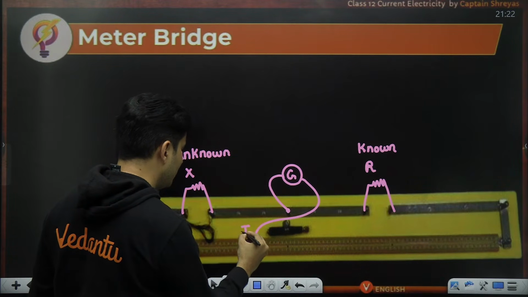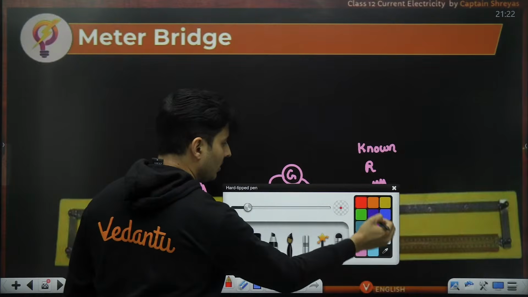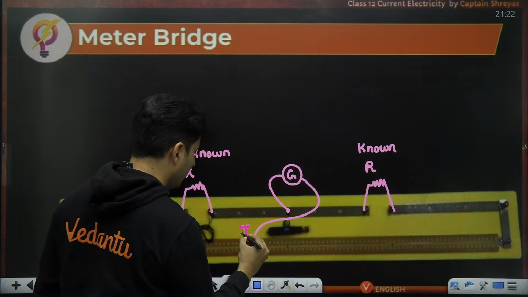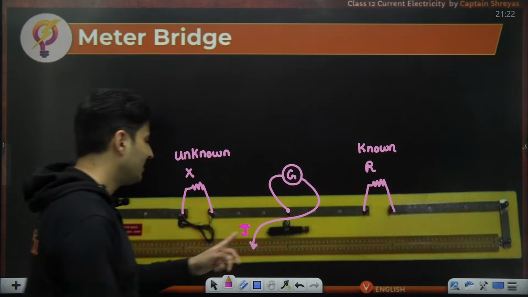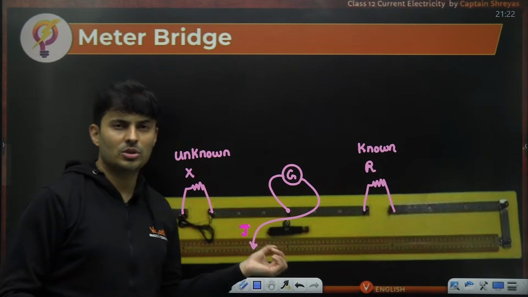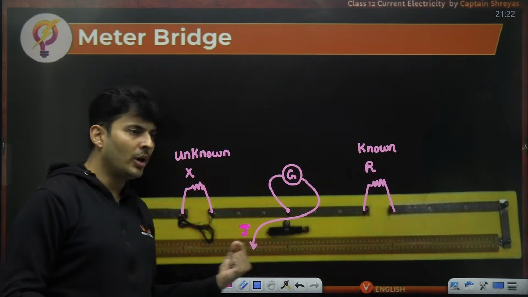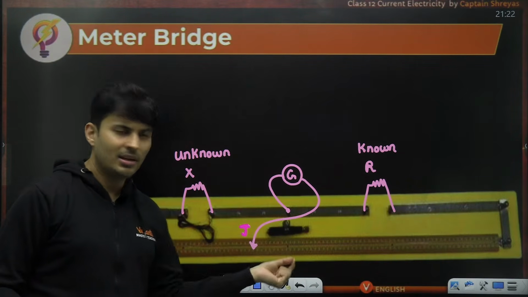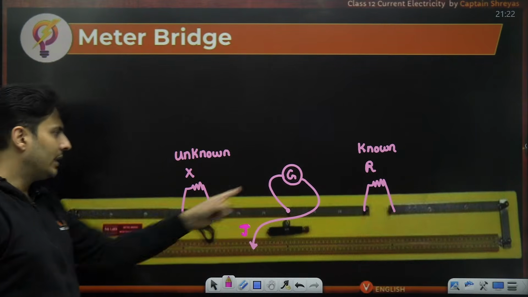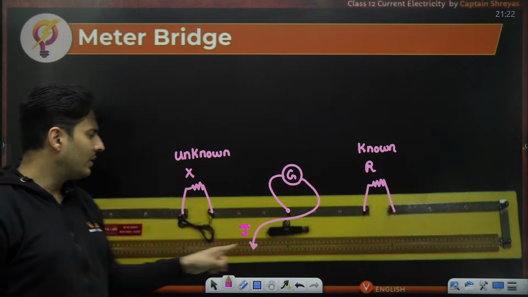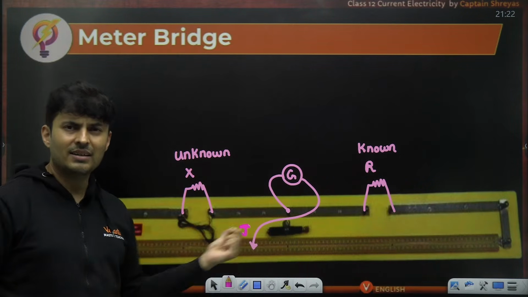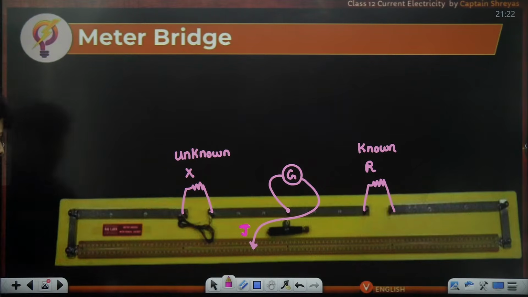This is called J, usually the jockey point. It is a movable contact, because you will touch the other terminal of the galvanometer at different locations on that wire. So that is like a sliding point called the jockey.